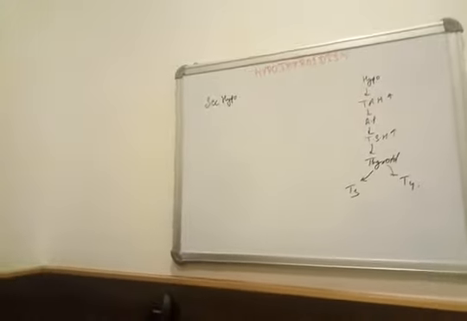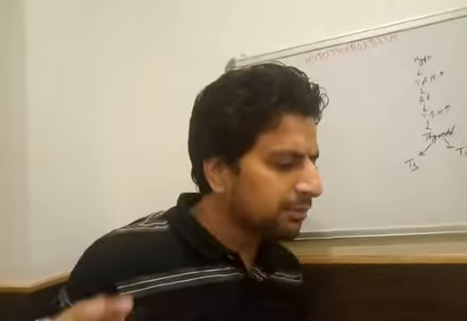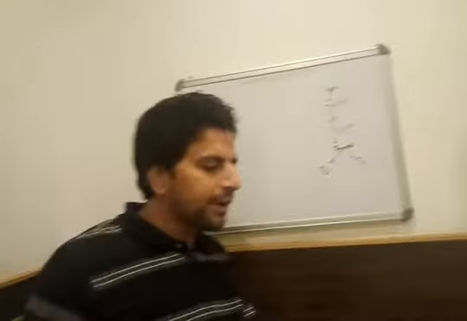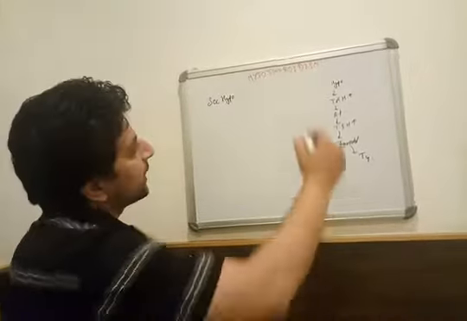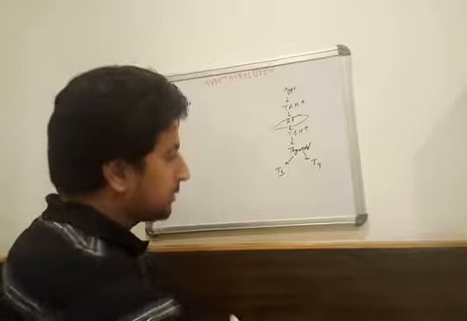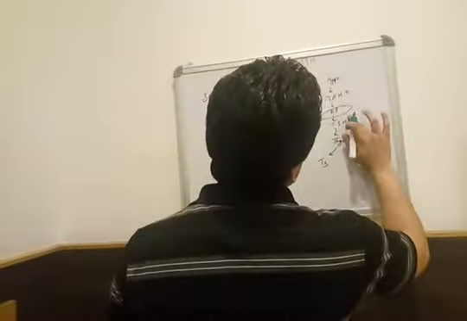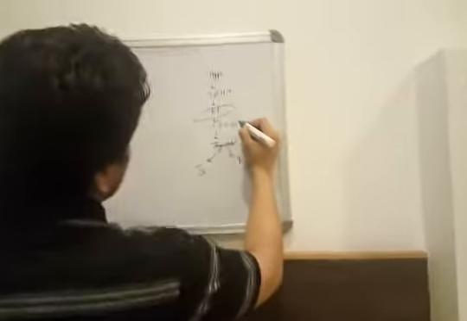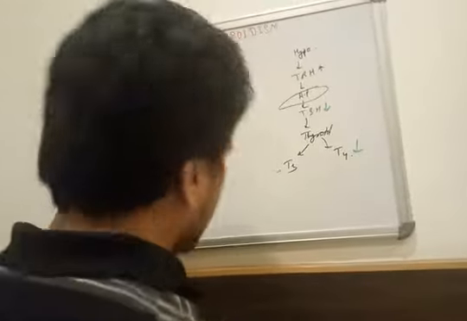There is a problem in the anterior pituitary. If the anterior pituitary is not working properly, the TSH level goes down. And if TSH is secreted less, the thyroid gland secretes less T3 and T4.